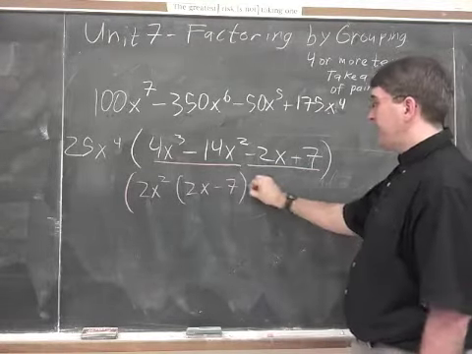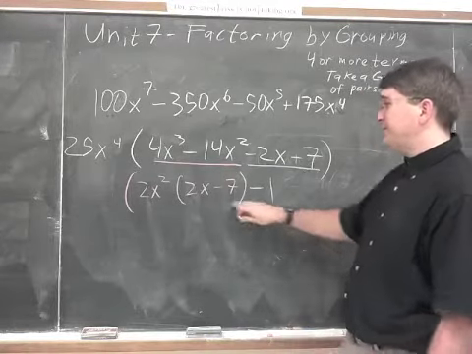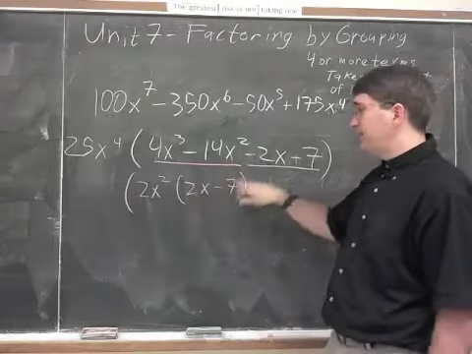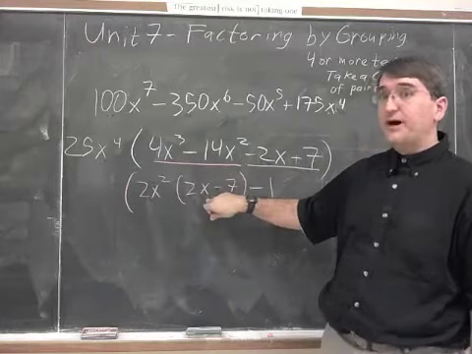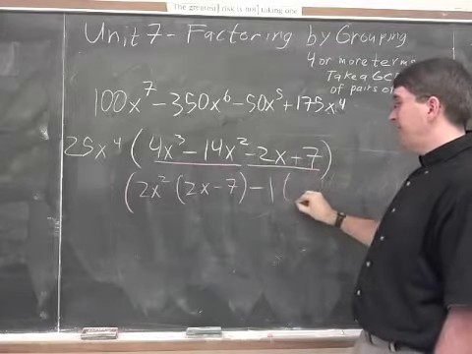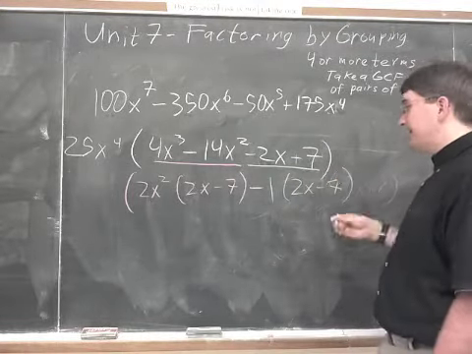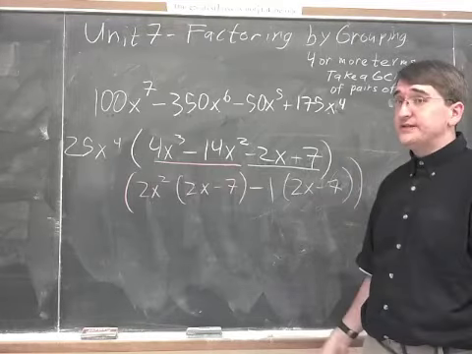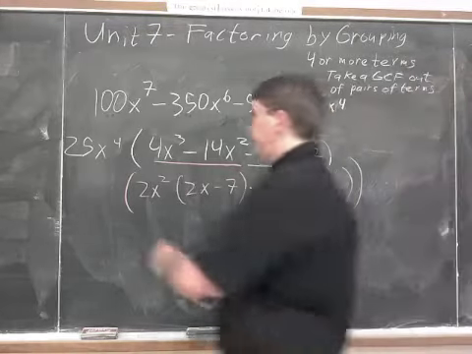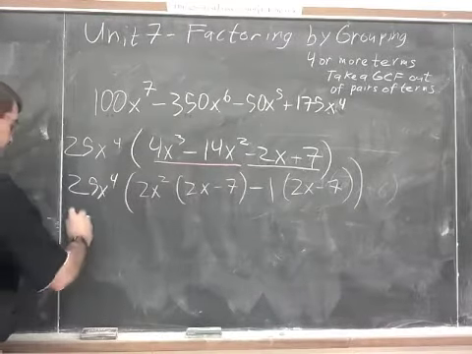What I mean is that I'm going to take out a negative 1. And you'll see why this should make sense, actually, because ultimately I'm going to get a positive 2x minus 7. I have a negative 2x plus 7. And if I divide those by a negative 1, well, now that gives me the 2x minus 7 that I would hope for.